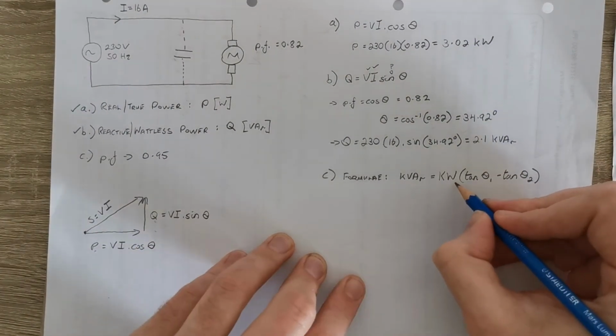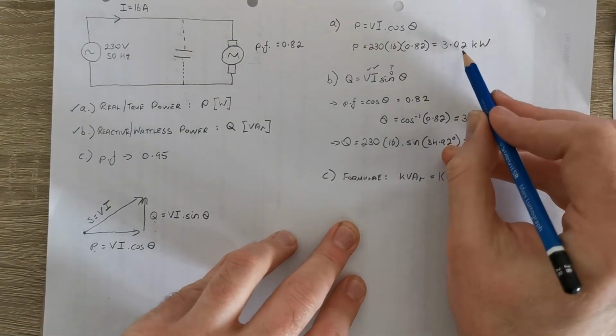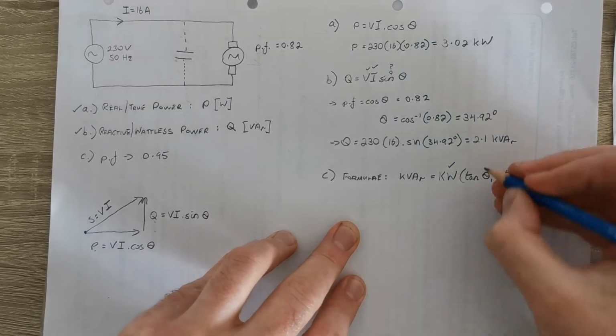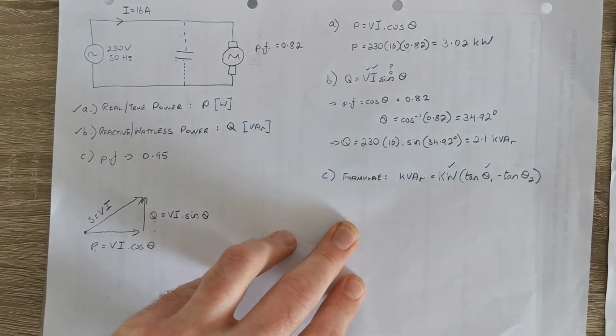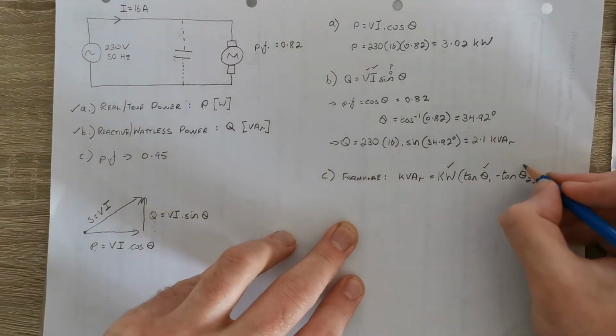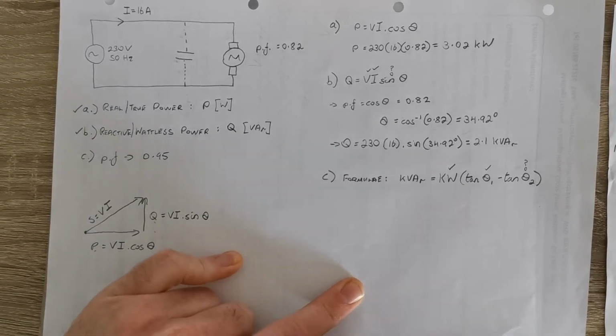So when we look at this equation, we ask ourselves, what do we have? Well, we have kilowatts. It's up here. We have the angle before power factor correction, but we don't know the angle after, so we need to work that out first.